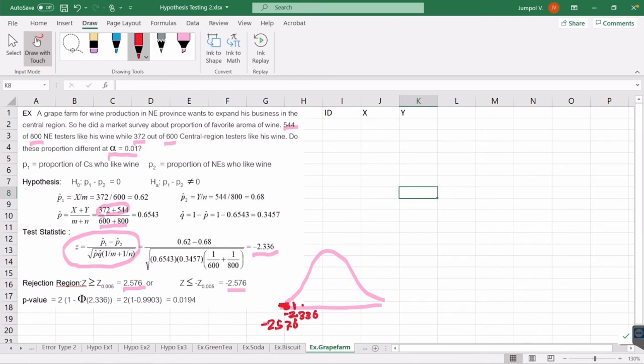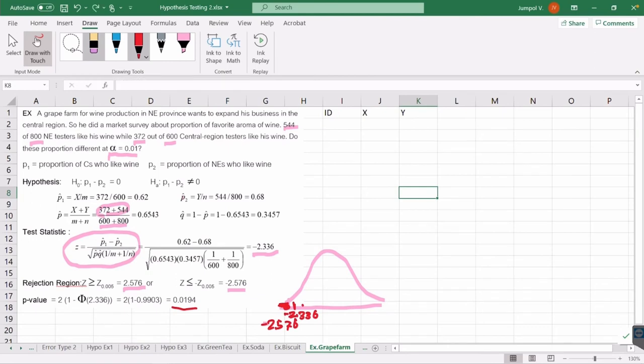So we accept the null hypothesis, and the p-value is 0.0194. As you can see, this is a little bit messy for the hand manual calculation.